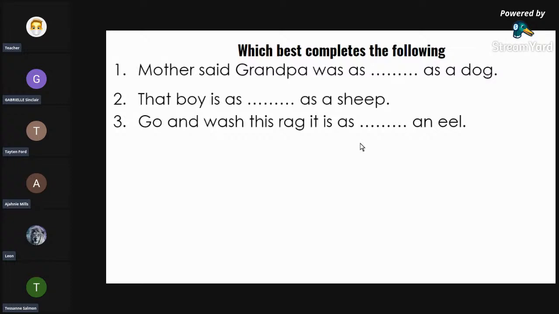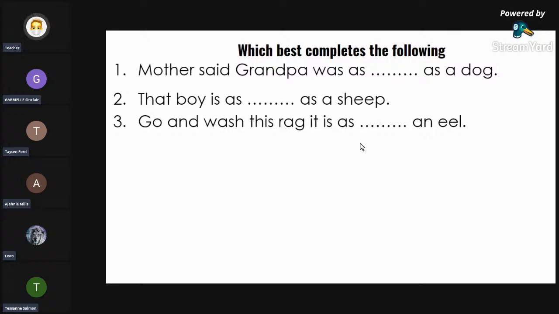It is as dash as an eel. Slippery. Go and wash this rag. It is as slippery as an eel. Yes, as slippery as an eel. Very good. Thank you. Thank you very much, sir.